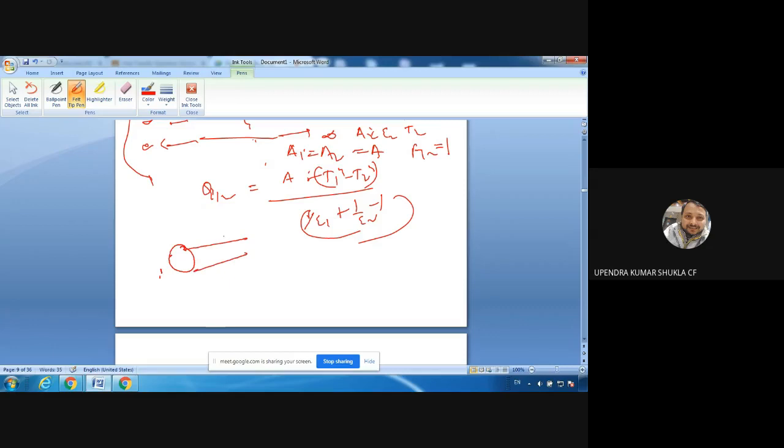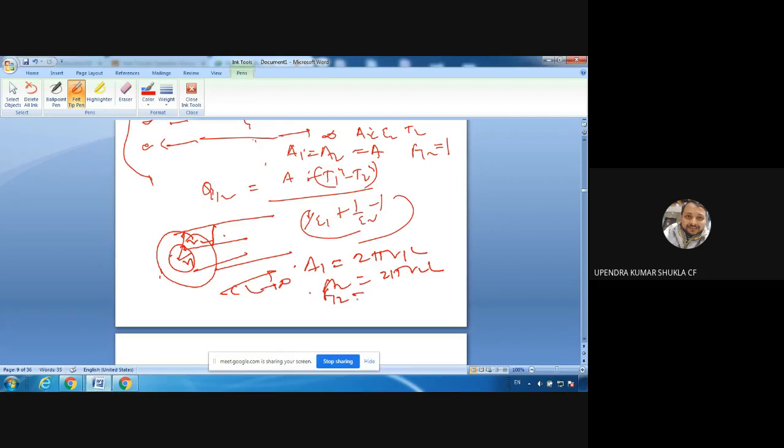Now the second example is heat exchange between two concentric cylinders. We are taking radii R1 and R2. What would be the heat exchange between these two concentric cylinders? Here A1 is 2 pi R1 L, suppose the cylinder length is L, and A2 is 2 pi R2 L. F12 here is also 1, because for an infinitely long cylinder, L tends to infinity.